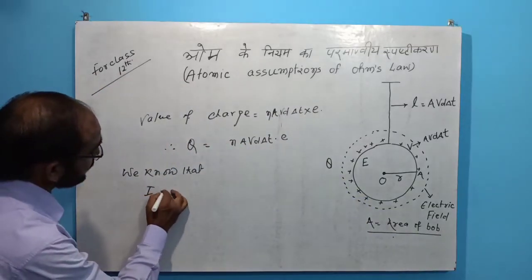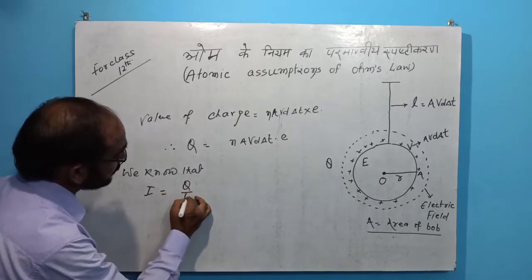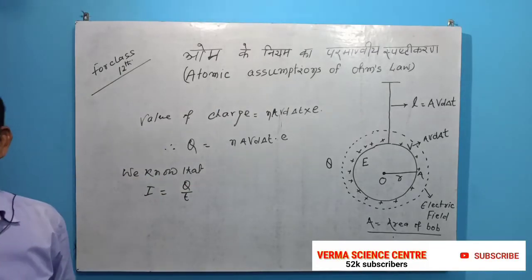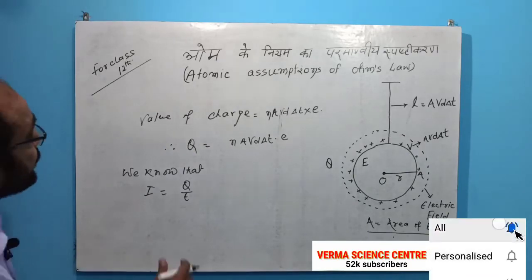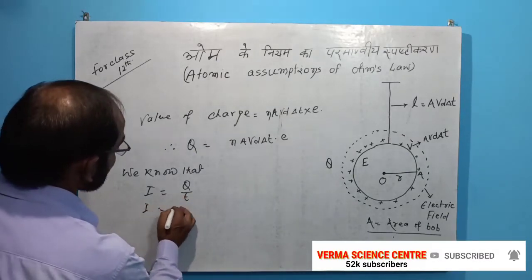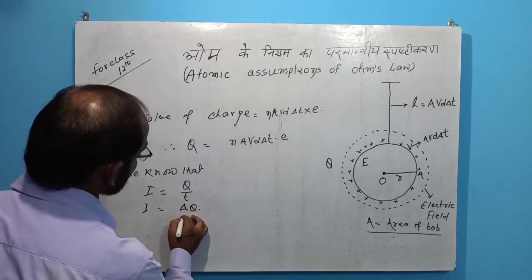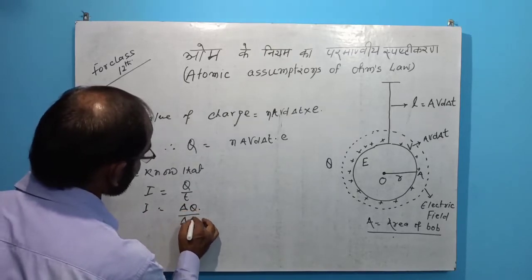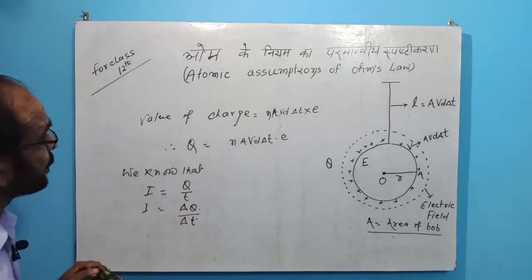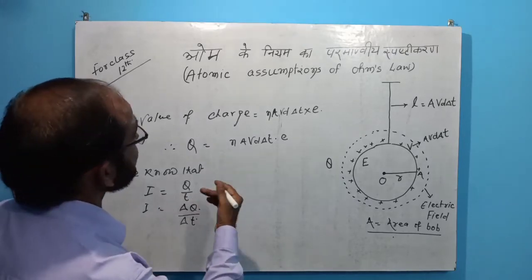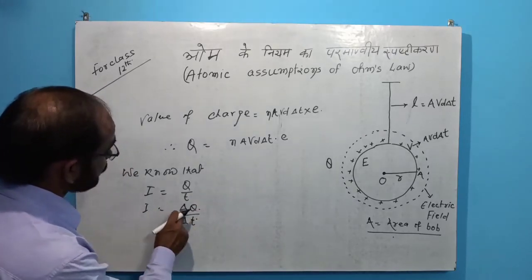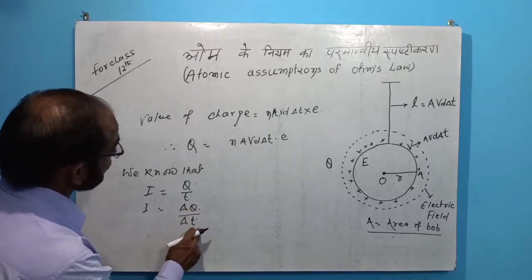Therefore, I equal to Q by T, or I equal to del Q upon del T in the very minimum scale of amount, then we write here del Q upon T.